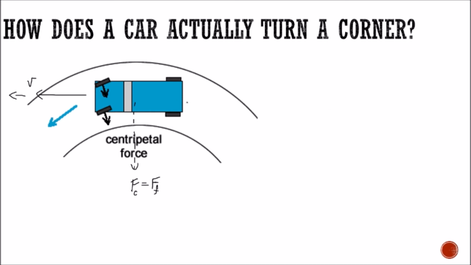Now there's an interesting consequence that comes across this. If the car is going really fast, then you're going to need a higher force due to friction to maintain the centripetal force, and that comes directly from this equation here. If your velocity is higher, then you're going to need a greater centripetal force, and that means you need a greater force due to friction to keep this car on the road.